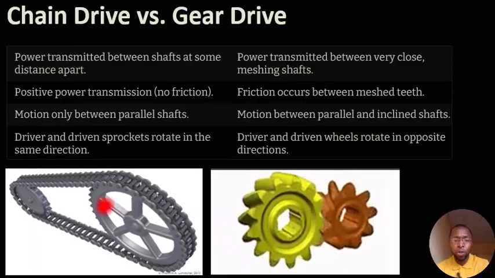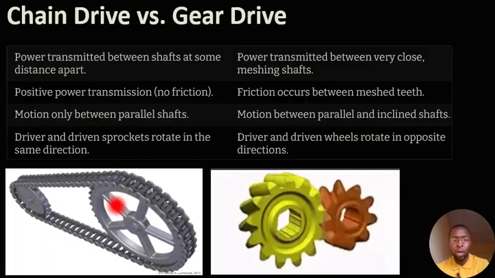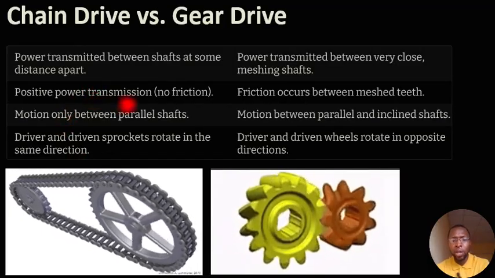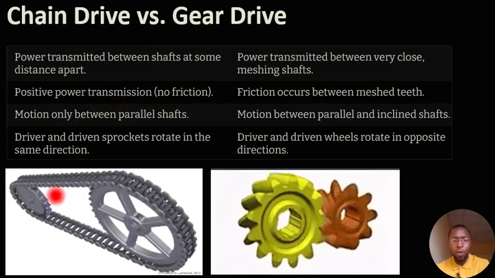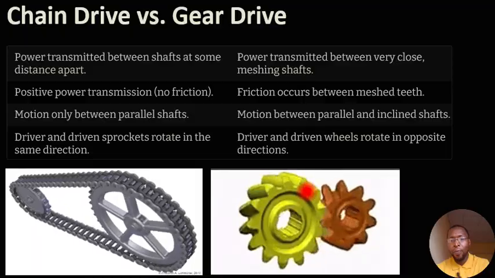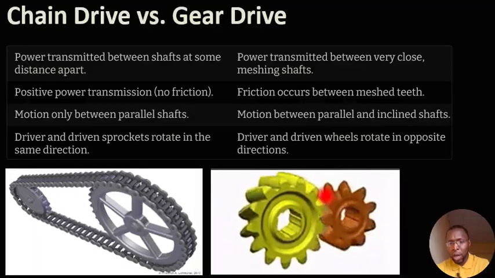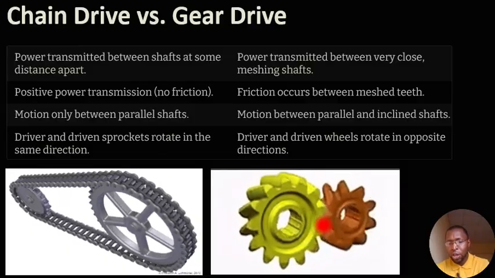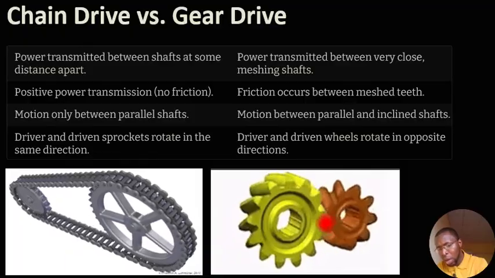But for chain drive, we could see the chain across the distance between the two shafts. Number two, we have positive power transmission, that is no friction, for chain drive. However, for gear drive, obviously you could see that there is friction between the teeth of the gears. There is friction between them, they are clogging on each other.